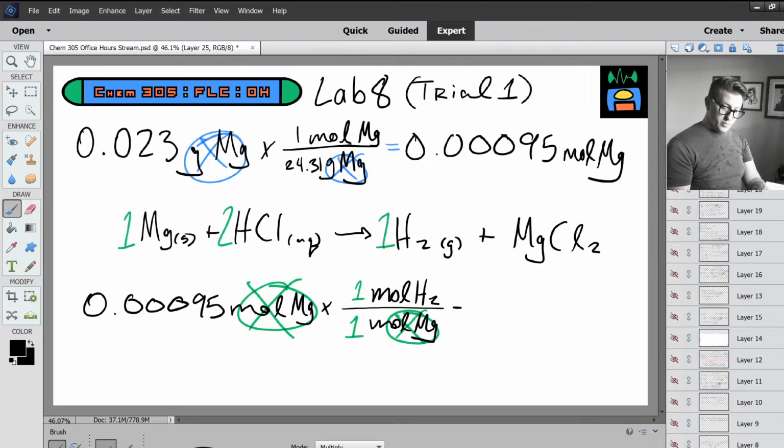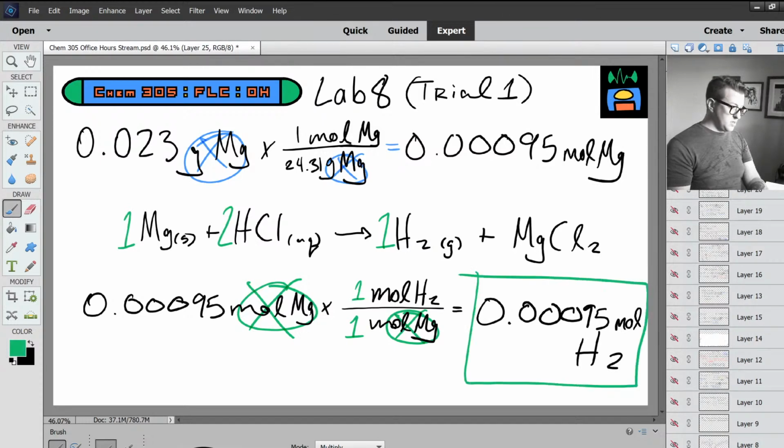So we end up with 0.00095 moles of H2 for trial 1. And that is how you handle that.